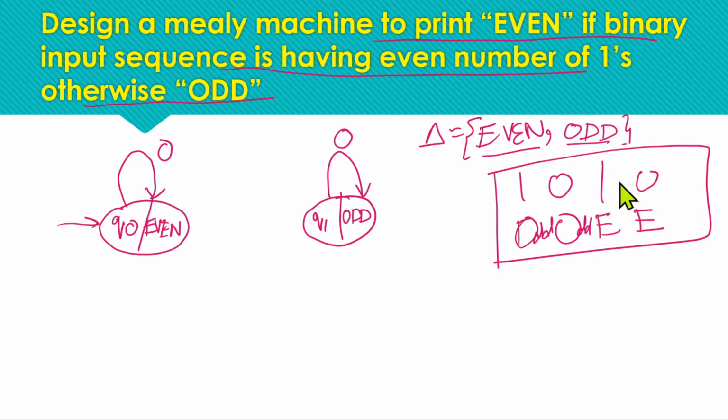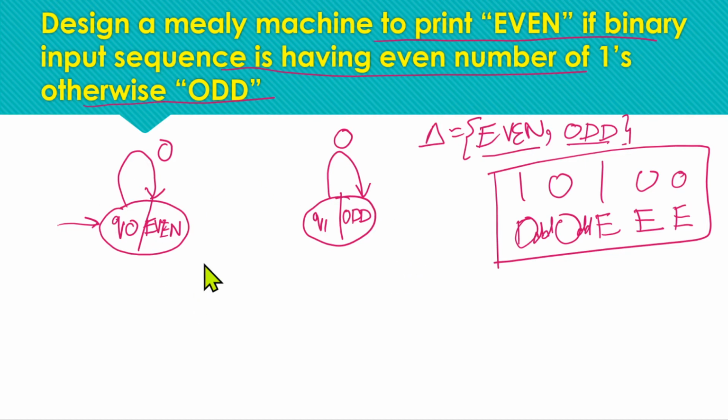Same way, after the second one we have even output, and for all the further zeros we will have even output. So the number of ones is even. Being on any state, zeros are not going to change the output.